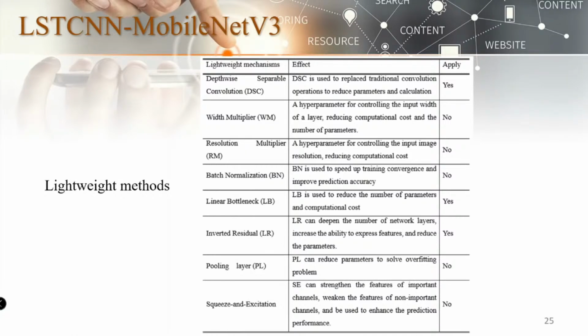Moreover, the architecture of the inverted residual is the opposite of traditional residual structure. First, the input feature map is enlarged by 1 times 1 convolution. Then, 3 times 3 depthwise separable convolution is used to perform convolution operation.